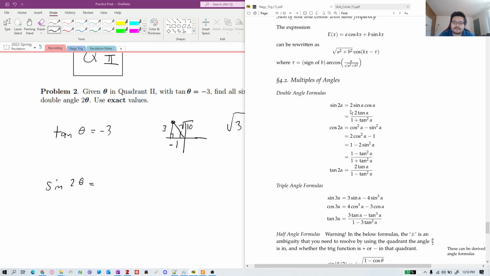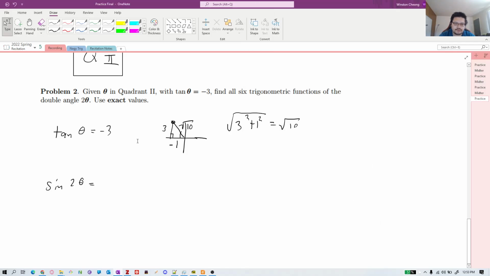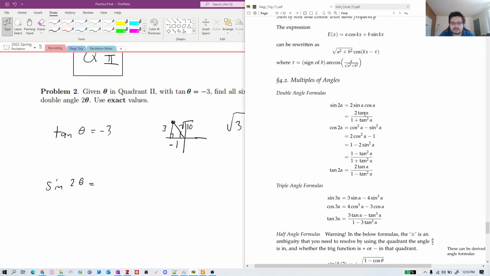So because sine 2 theta, cosine 2 theta, and tangent 2 theta can all be written in terms of tangent, we can actually just use those formulas. We don't need to do what I was doing, which would isolate sine of theta and cosine of theta. So we could actually do it using these other expressions.